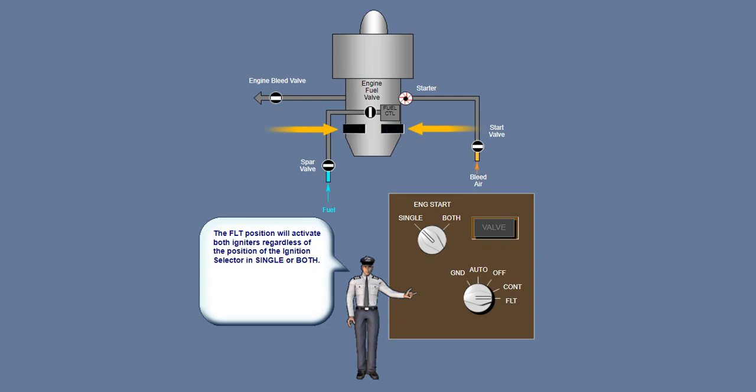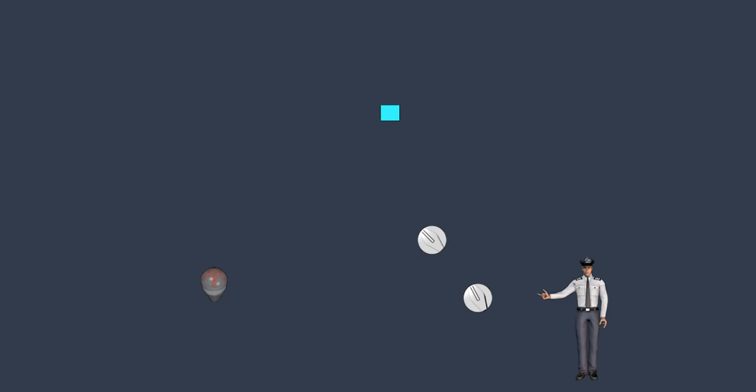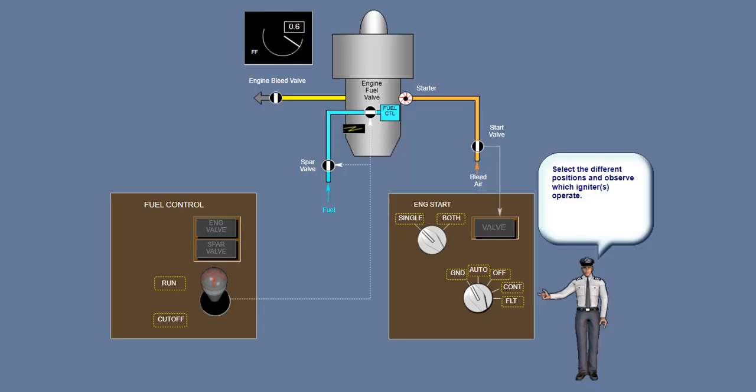Each engine has 2 igniters. One igniter is normally used for start. However, dual igniters are always used for in-flight starts. The start selector also determines which igniters are used.